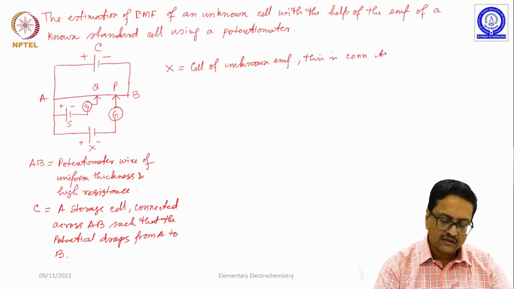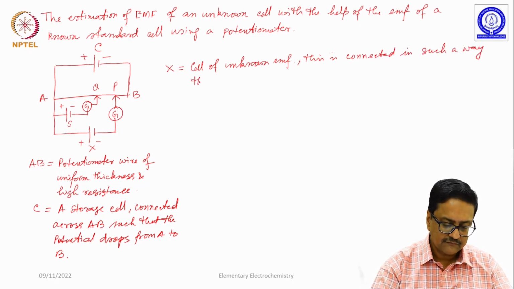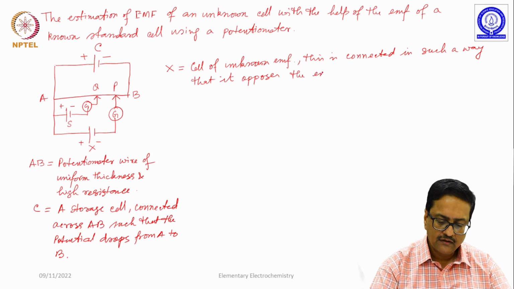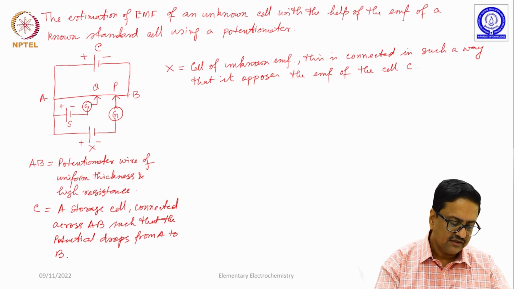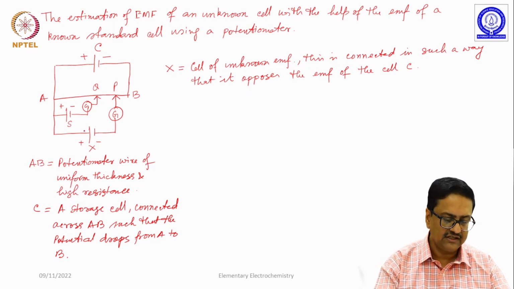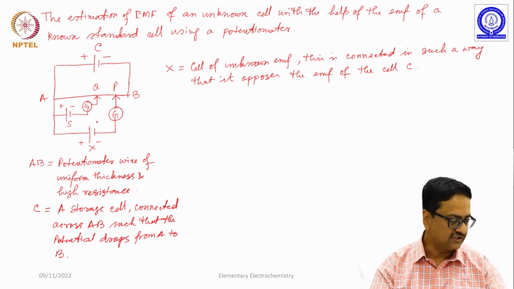This is connected in such a way that it opposes the EMF of the cell C, right. You see, we have connected the plus of this in this direction, so that the plus of C is straight away connected, which means these two cells are connected in opposition.